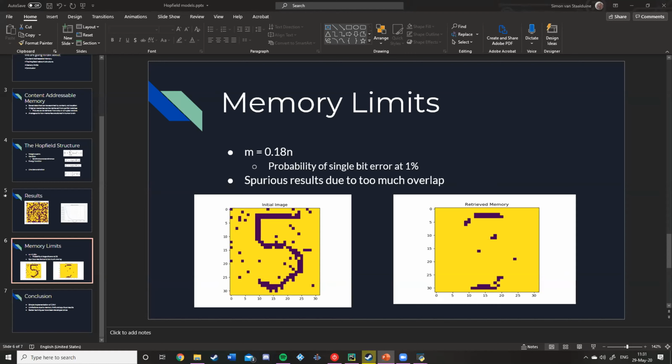They all had horizontal parts at the top and bottom and large empty portions on the left and right. And all this overlap caused it to output a spurious image that the network was never trained on. And the main way to combat that is just to be more careful with the images you store and make sure they don't have as much overlap.